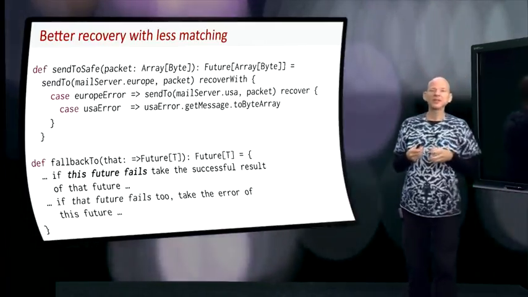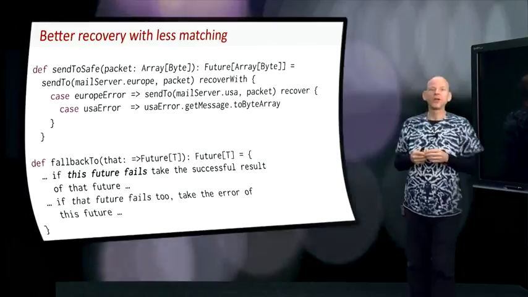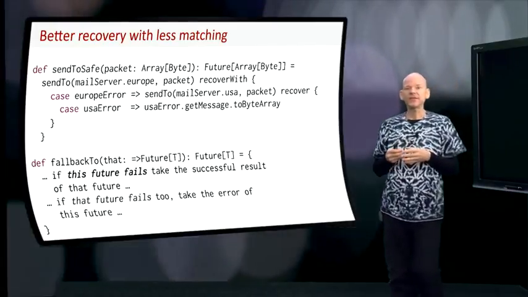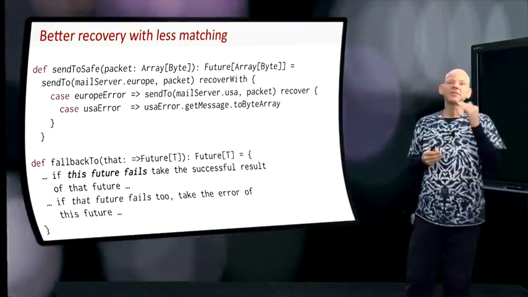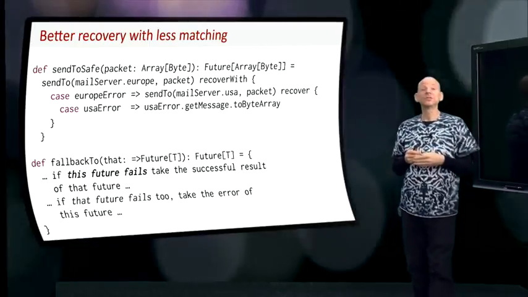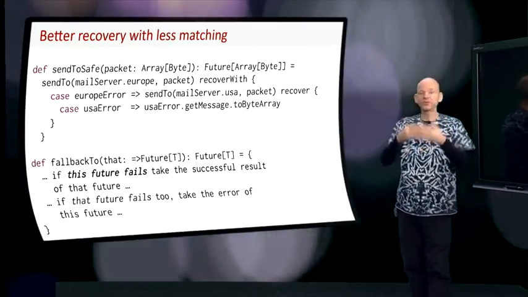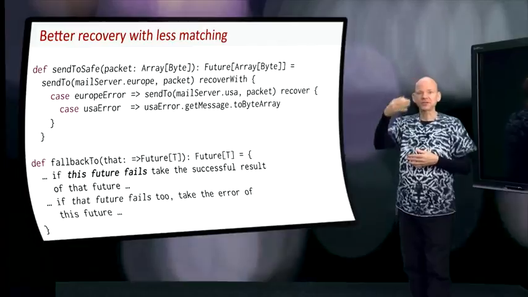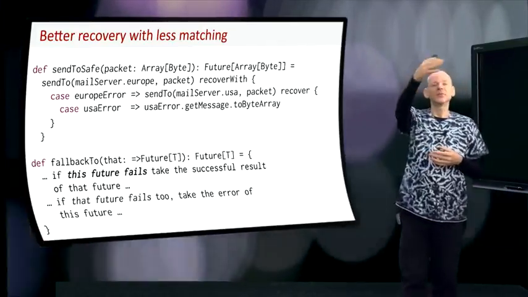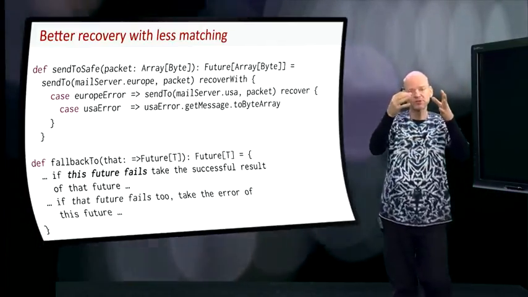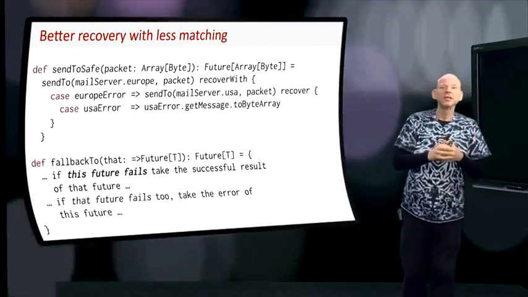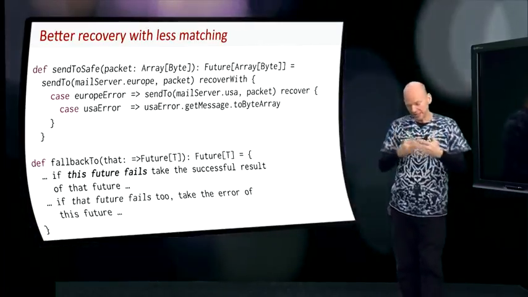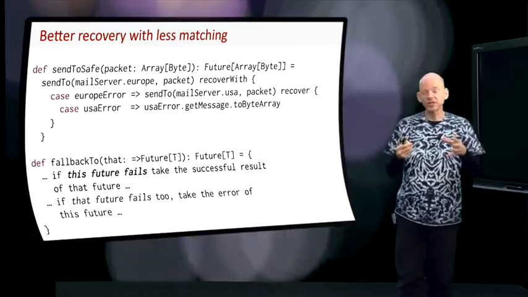All right, so what we're going to try to do now is write a better recovery combinator, and that's called fallbackTo. It is defined on Future of T. What it will do is try to run this future.